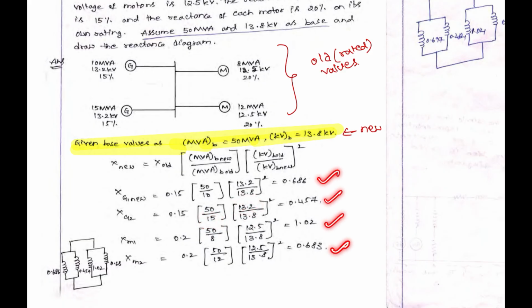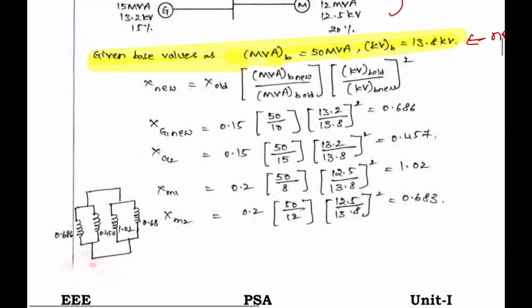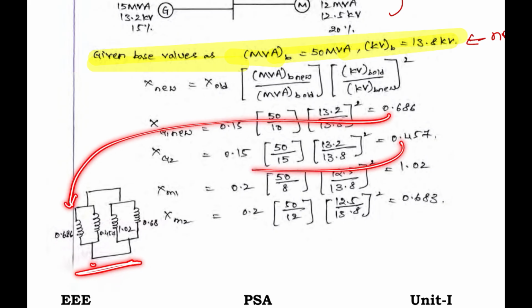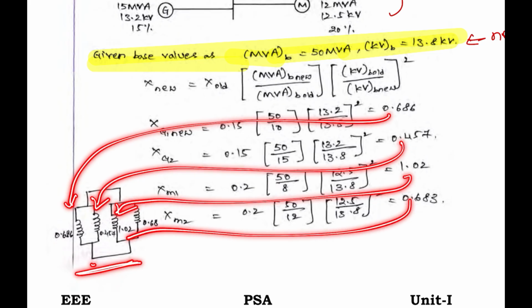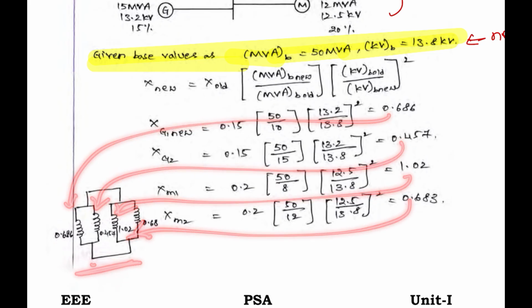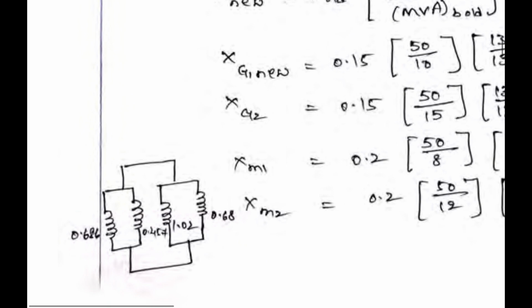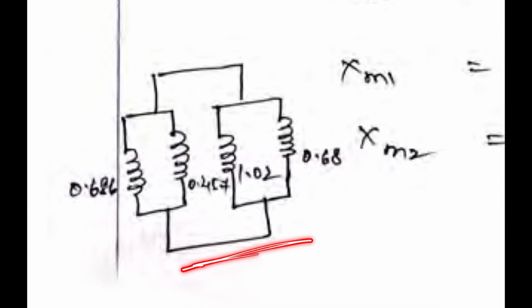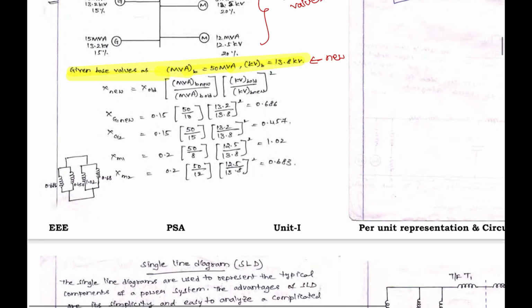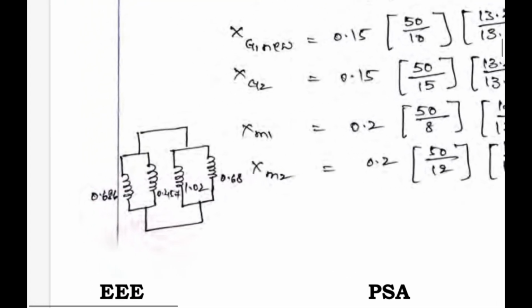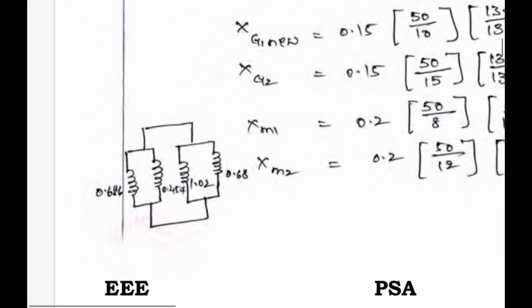Similarly for the motors. At last we draw the reactance diagram with xg1, xg2, xm1, xm2. This is the reactance diagram expected to be drawn. After completing the problem, draw this diagram so that you can get full marks.